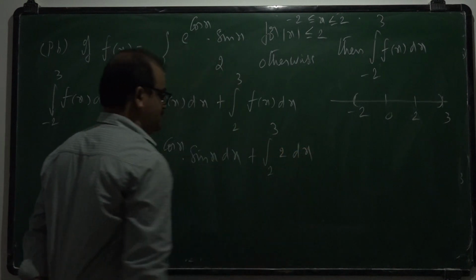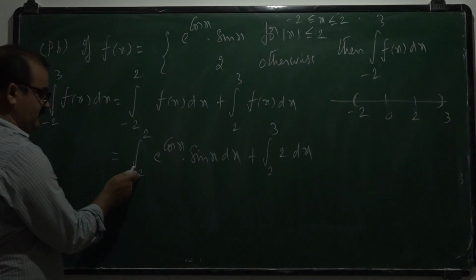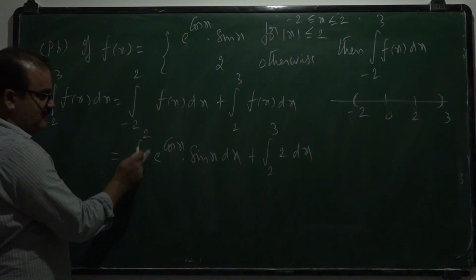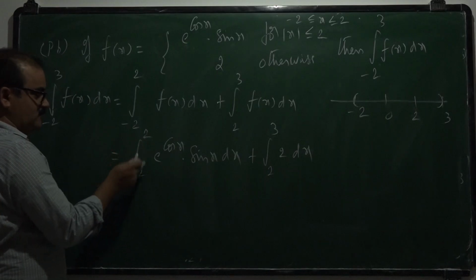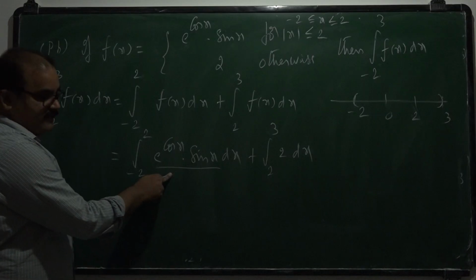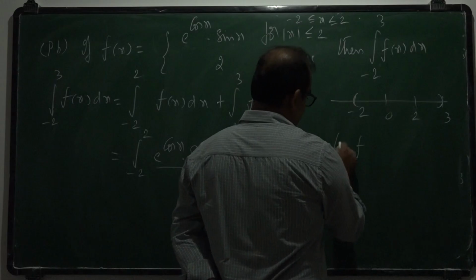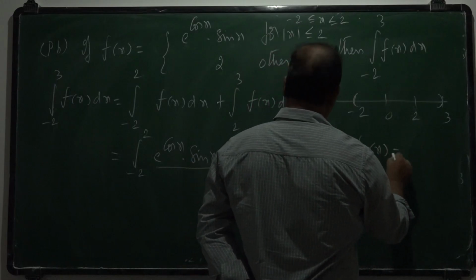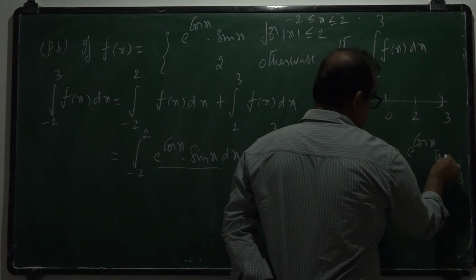Integral of 2 into dx. Now see, it is in the form of integral from minus a to plus a. Always if the limits are in the form of minus a to plus a, we check whether this function is even or odd. What is the function here? e power cos x into sin x.